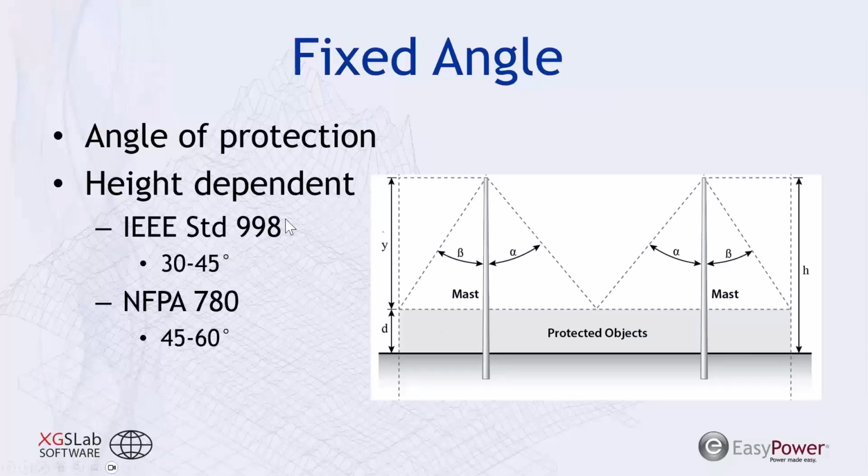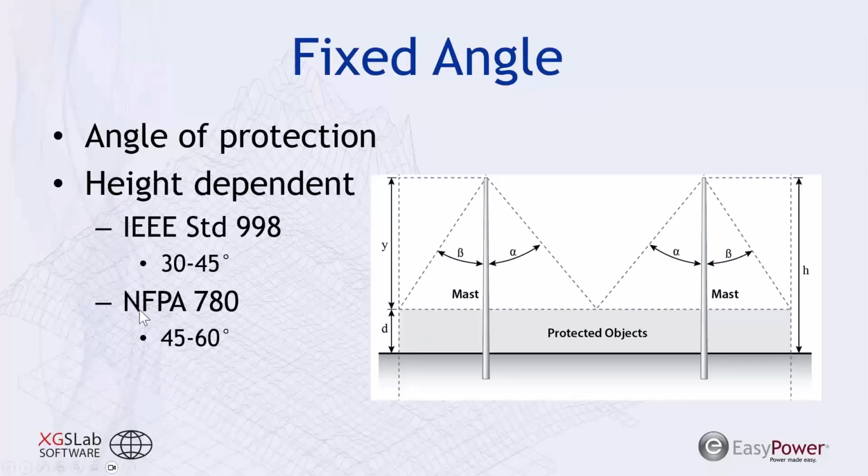Depending on the height of our mast for a substation application using IEEE standard 998, your fixed angle may be a 30-degree angle off of the mast, or a 45-degree angle, depending on how high this mast is relative to the buswork or the transformer that you're trying to protect.